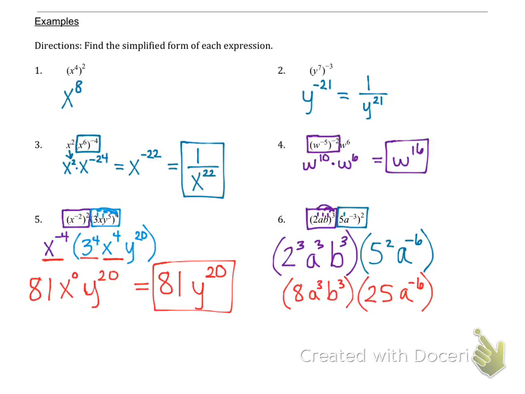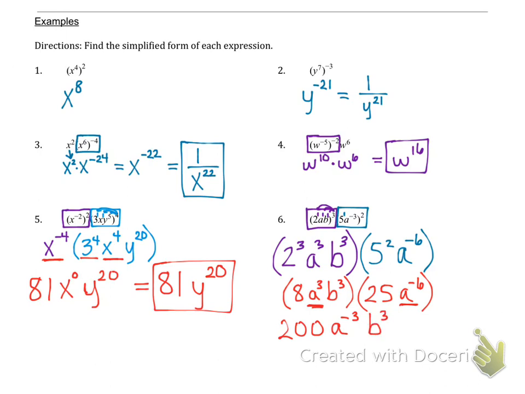So first I'm going to do 25 times 8, which is 200. Then I'm going to combine. We have two variables with the same bases, so we have a cubed and a to the negative 6 power. So I'm going to add the exponents, so 3 plus a negative 6 is a negative 3, and then we have b cubed.